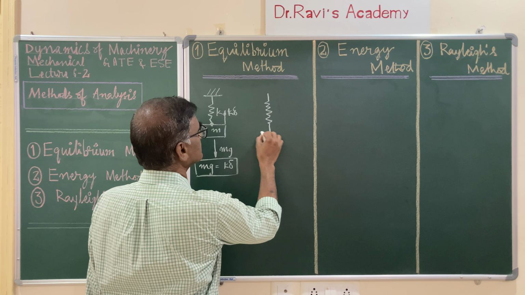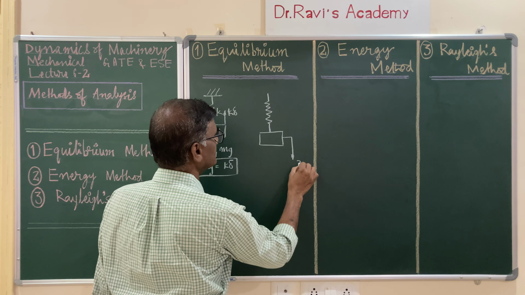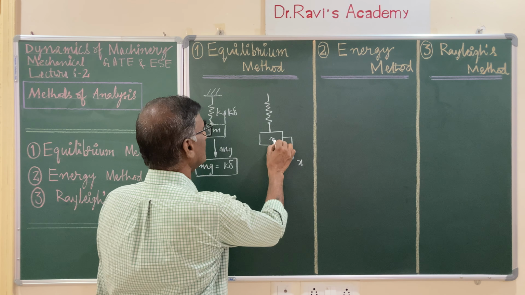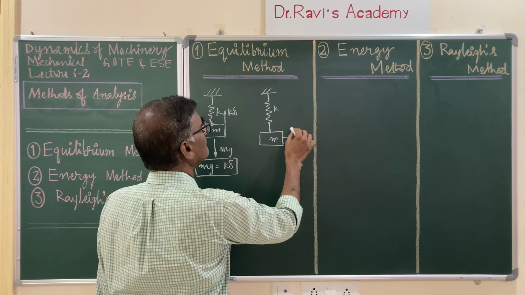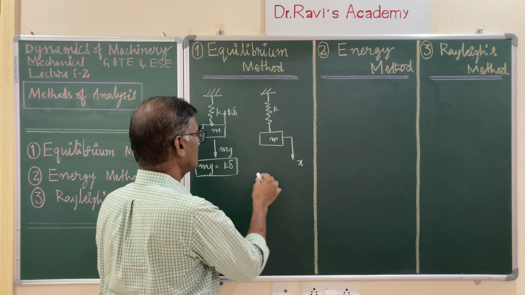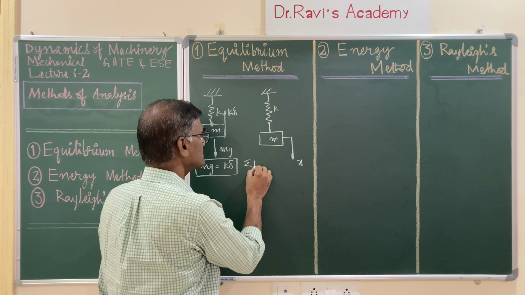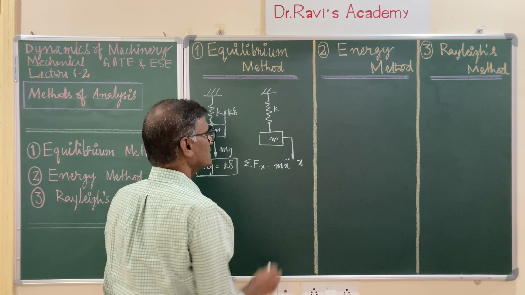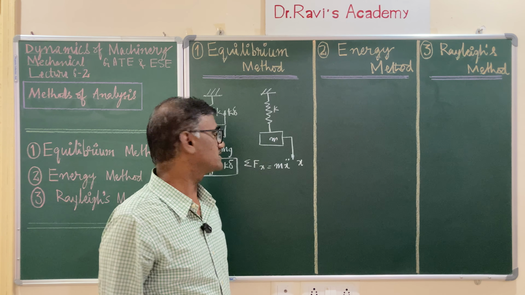Now let us consider vibration. It is deflected by means of an initial disturbing force. Now I have indicated with x the direction of the motion and stiffness is K. Now the displacement is x and let us apply the fundamental equation of kinetics, that is sigma Fx is equal to mass into acceleration. So this is Newton's second law of motion, which is also known as fundamental equation of kinetics.